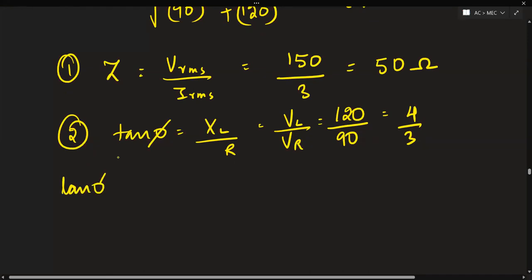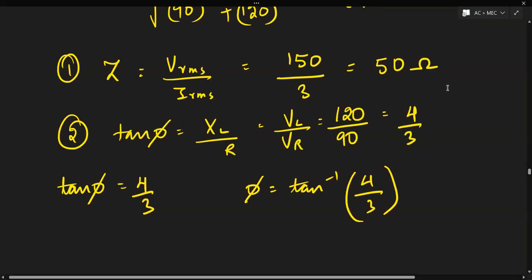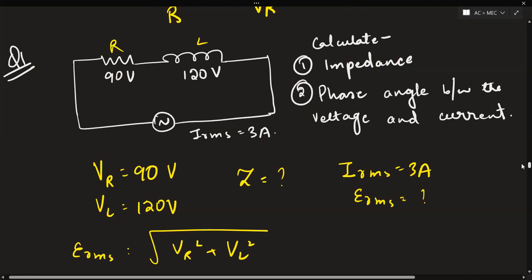Tan phi is equal to 4 by 3, so phi will be equal to tan inverse 4 by 3. Note this down, then one last circuit we'll do and then we'll wrap up the class. Any doubts? If you have any doubts, just text me or just unmute yourself and ask me.